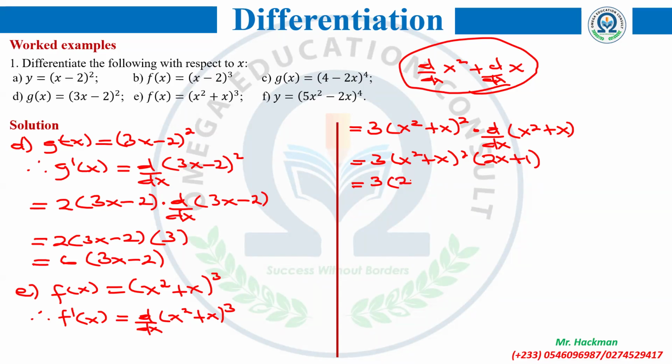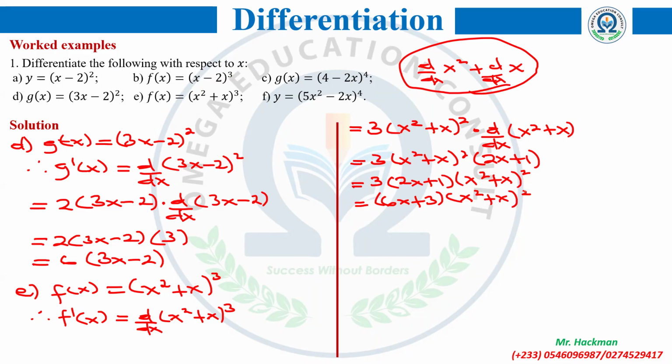So you come to 2x, the next one, then into the next one, which is x squared plus x, the whole of that squared. But please take note, the one that you can easily multiply, that's this one I can easily multiply. So that will give me 6x plus 3, the whole of that into my x squared plus x, the whole of that squared.